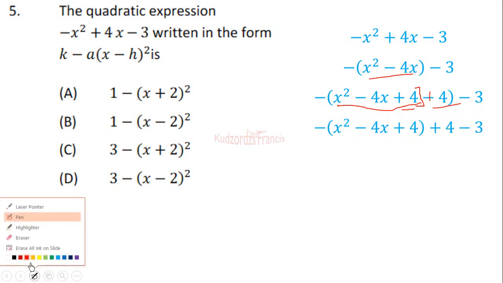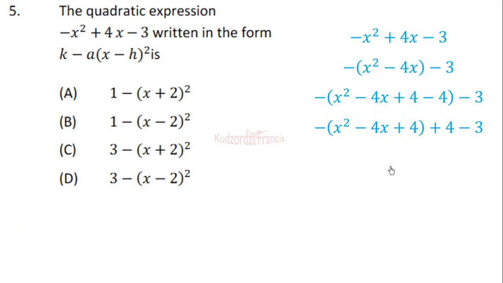Let me erase this so that you can get the clear picture. So that's what we just did. Now we can simplify further. This will give us 1, and this is the same as something like this, meaning that when we expand x minus 2 all squared, we get this.